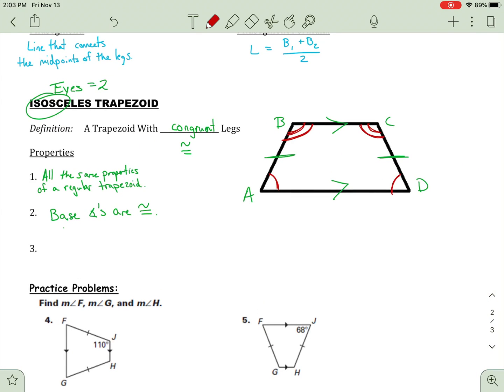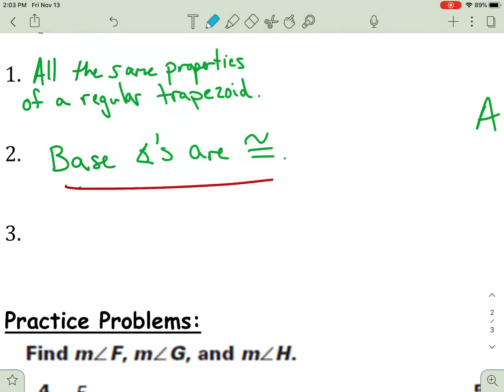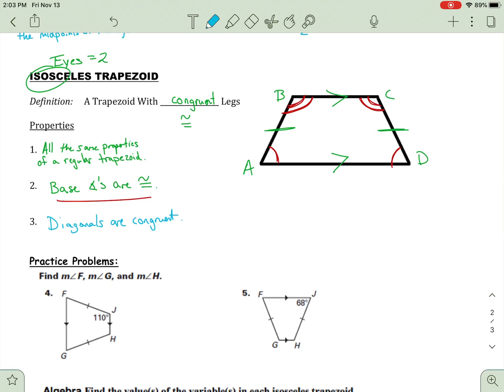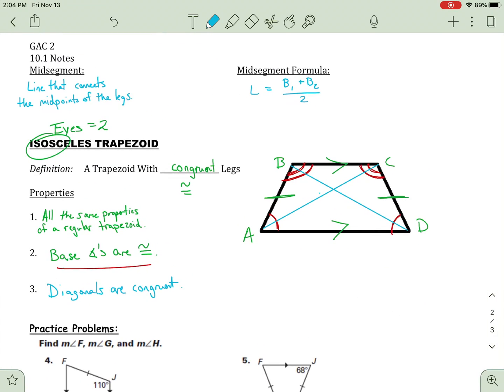And then lastly, diagonals are congruent. Okay? So diagonals look like this and like this. And basically they are the exact same. Okay? All right, so let's go through some practice problems here.